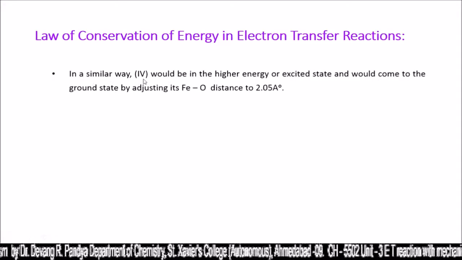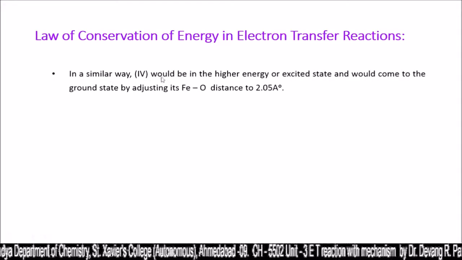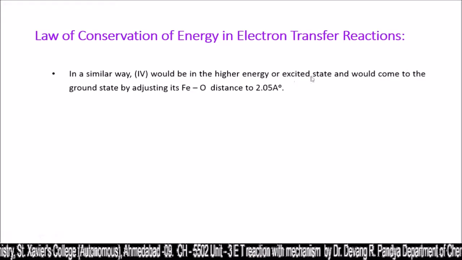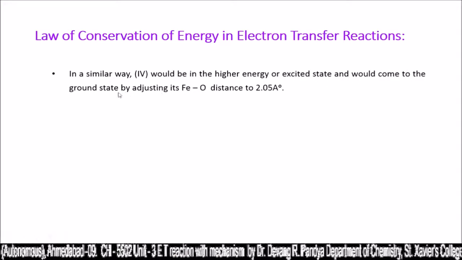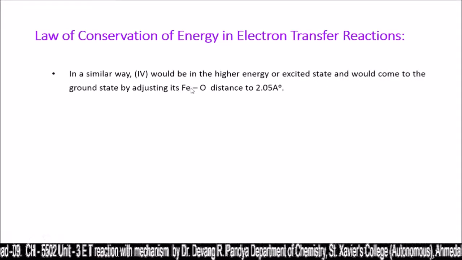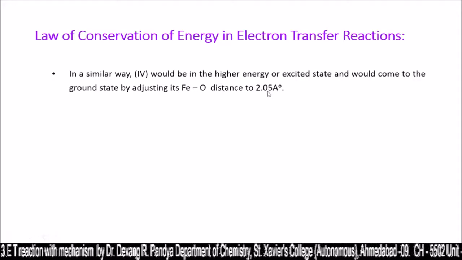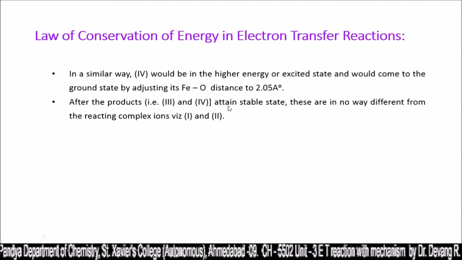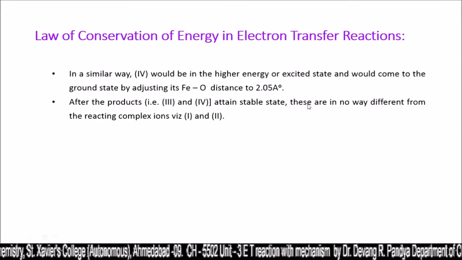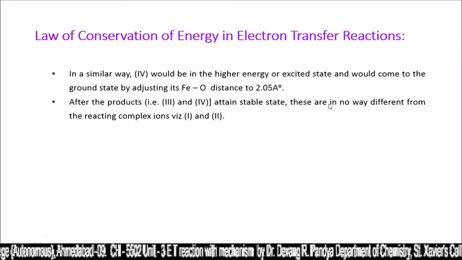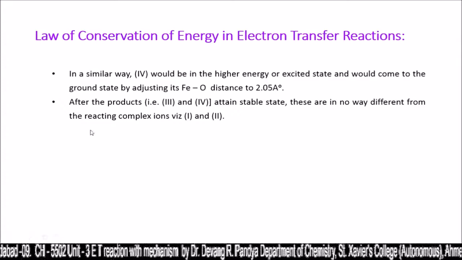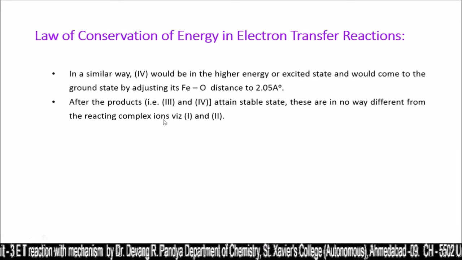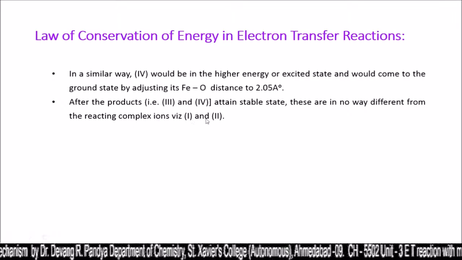In a similar way, the fourth product would be in the higher energy or excited state and would come to the ground state by adjusting its Fe oxygen distance to 2.05 angstrom. And after products 3 and 4 attain the stable state, these are in no way different from the reacting complexes, that is 1 and 2.